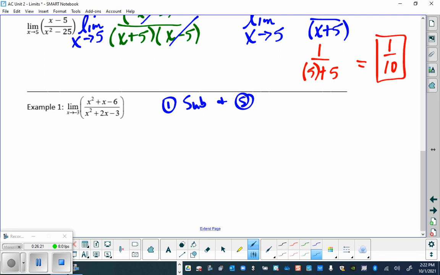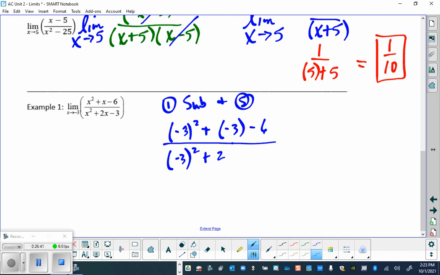When we find the limit as x approaches whatever input value, if there's a chance that it's going to work out, we need to first investigate that. So when I put -3 into x in my numerator, and when I put -3 in for x in my denominator, I need to first simplify to see what ends up happening.